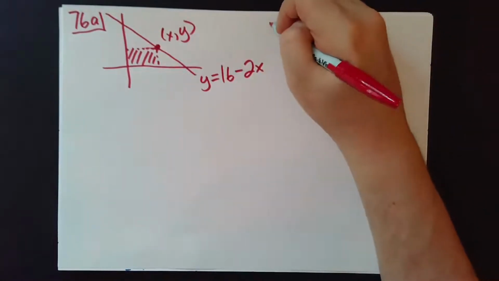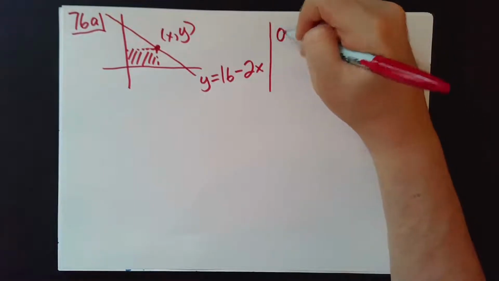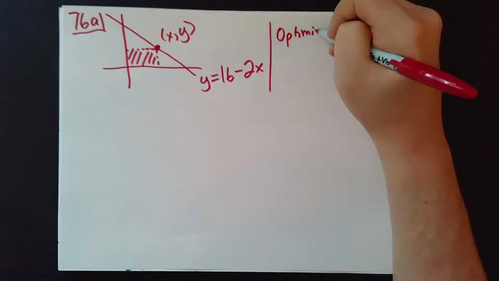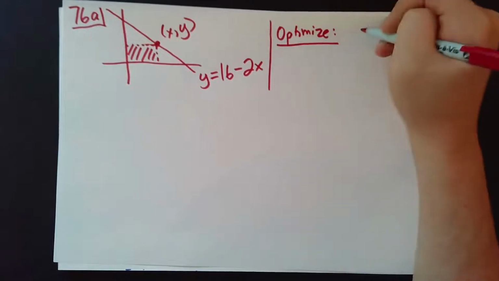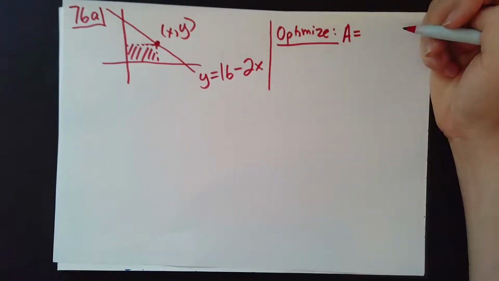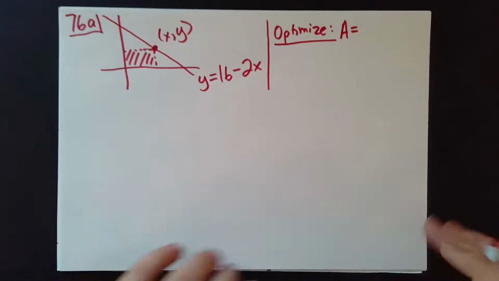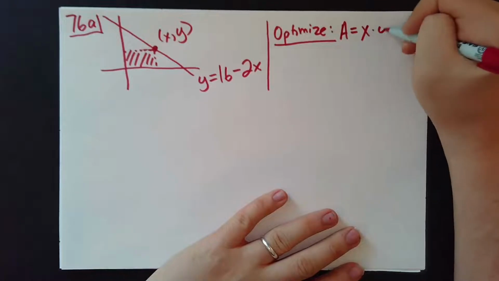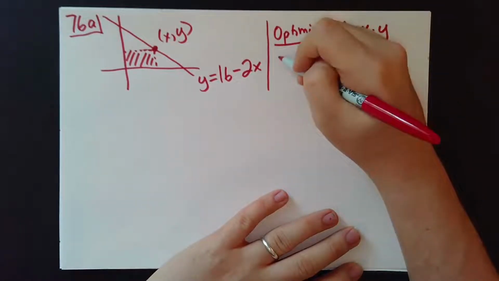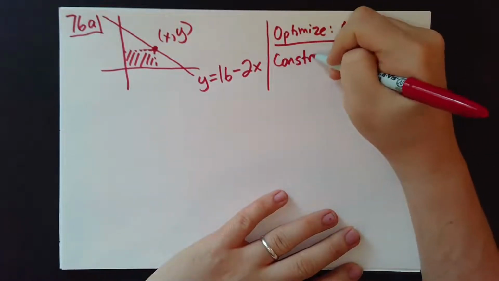So my thing to optimize here is area, which in this instance is x times y. And my constraint is that the point has to be on the line.